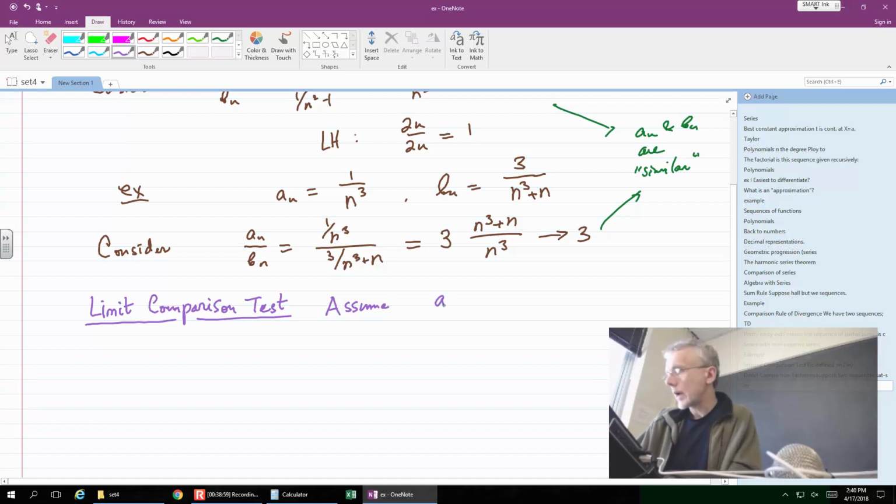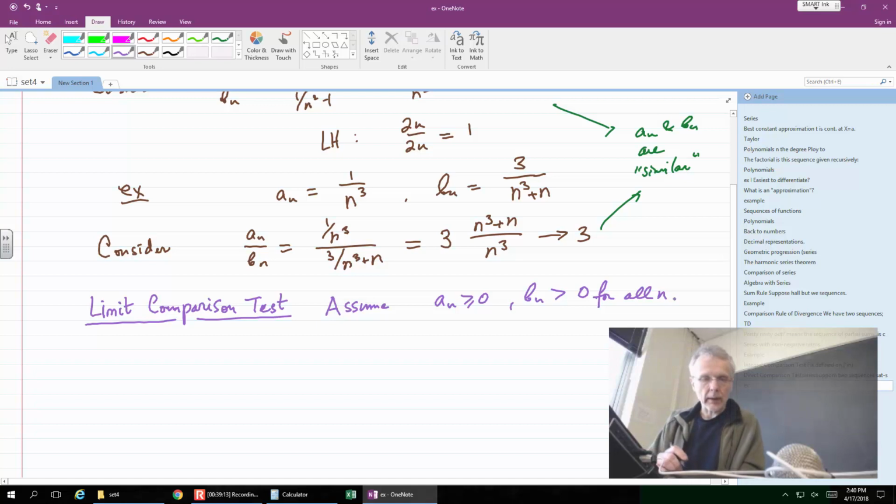So we have two sequences. Once again, we require them to be non-negative. The denominator also has to be positive, not equal to 0. And then we form the limit.